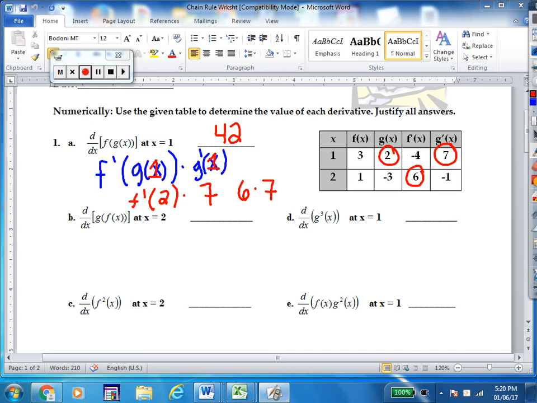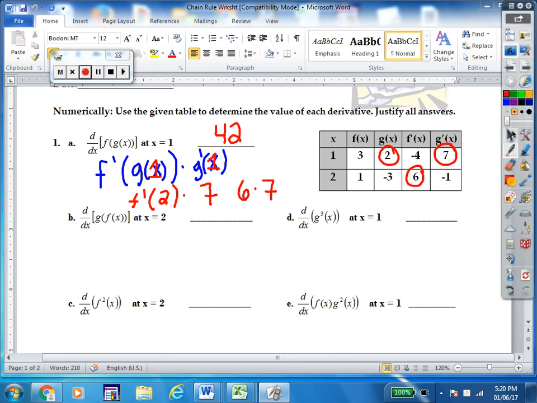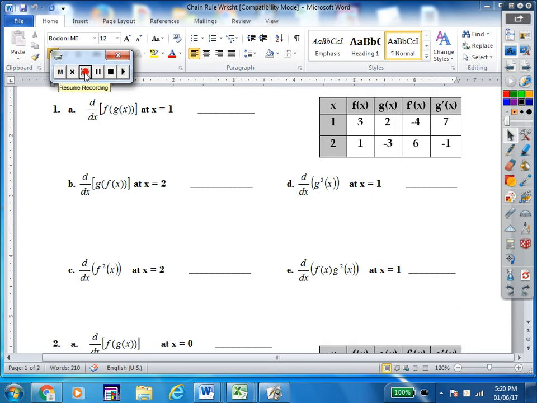Okay? I'm going to explain now how to do letter C. And let me set that up. So in letter C, we want to take the derivative of f squared of x.